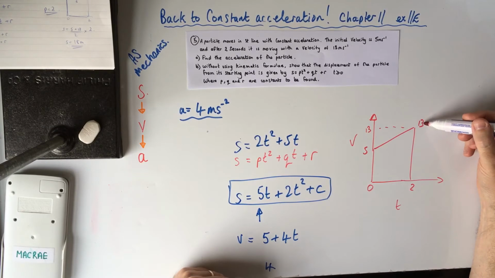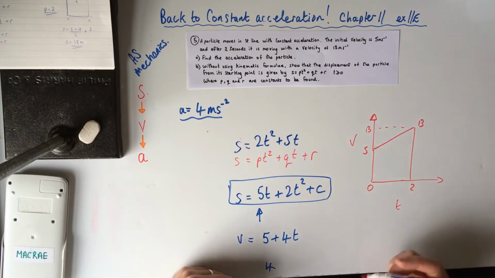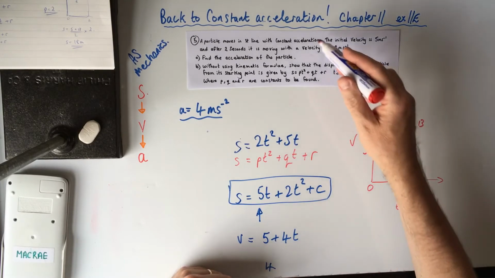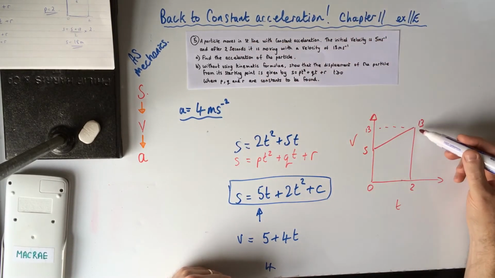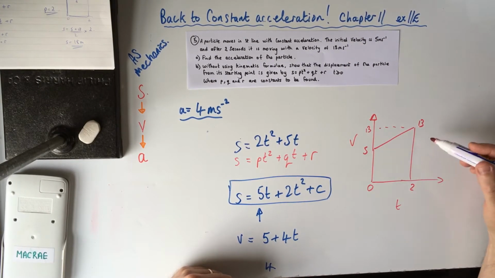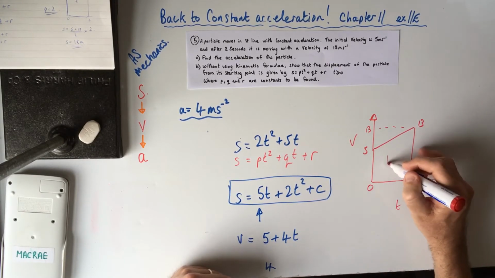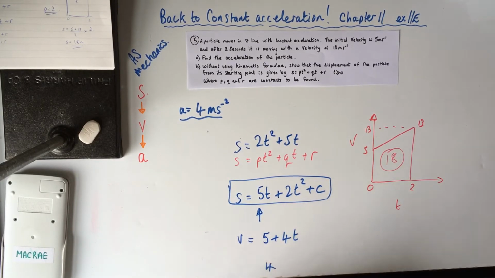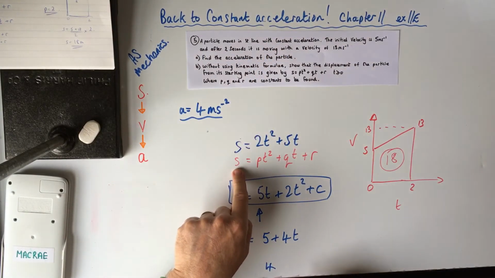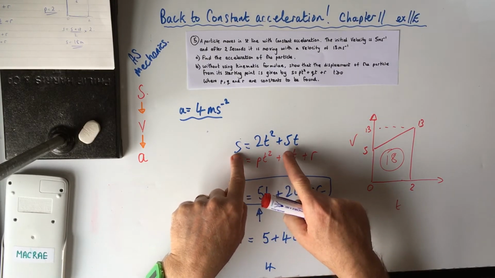After 2 seconds it's travelling at 13 meters per second, and at 0 seconds, at the start, it's travelling at 5 meters per second. You've got a trapezium. The area is 5 plus 13, which is 18, divided by 2, which is 9, times the distance between, which is 2. You get the displacement over time is 18, and you can put 18 in there and 2 into there.